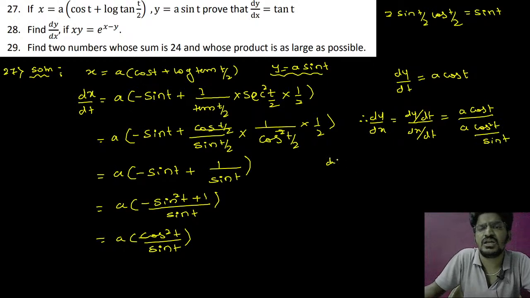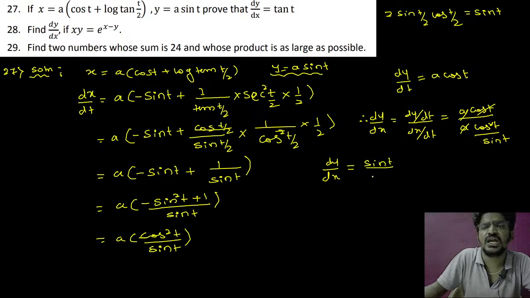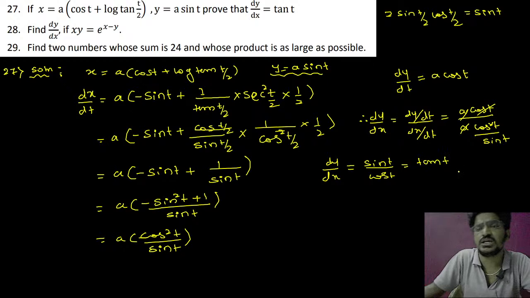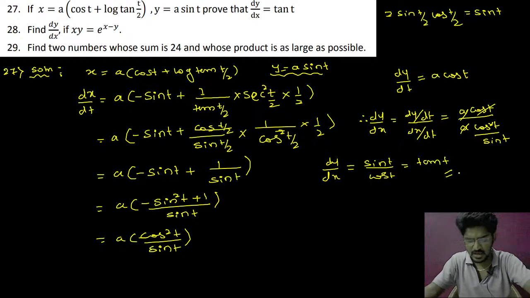So dy by dx is equal to, a will get cancelled, cos will get cancelled. The remaining thing is sin t divided by cos t, which is equal to tan t. So this is your required answer.